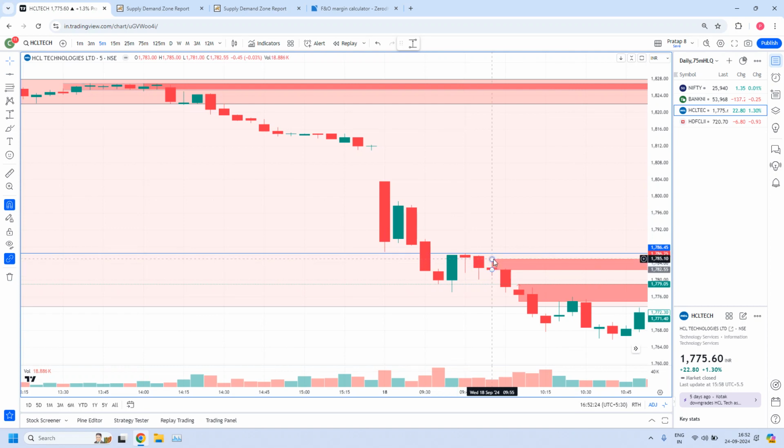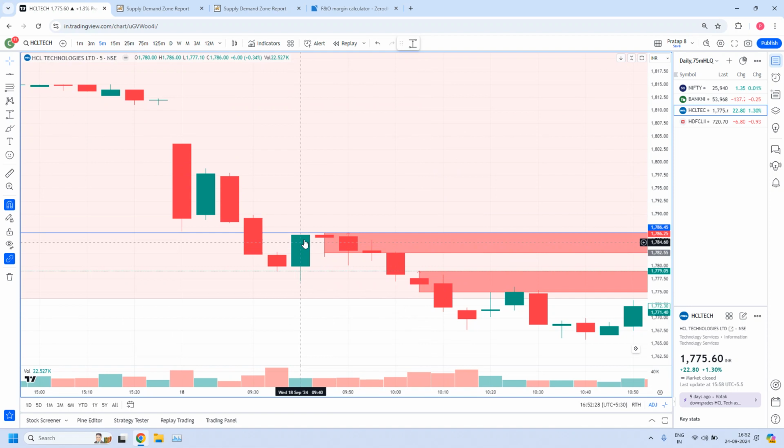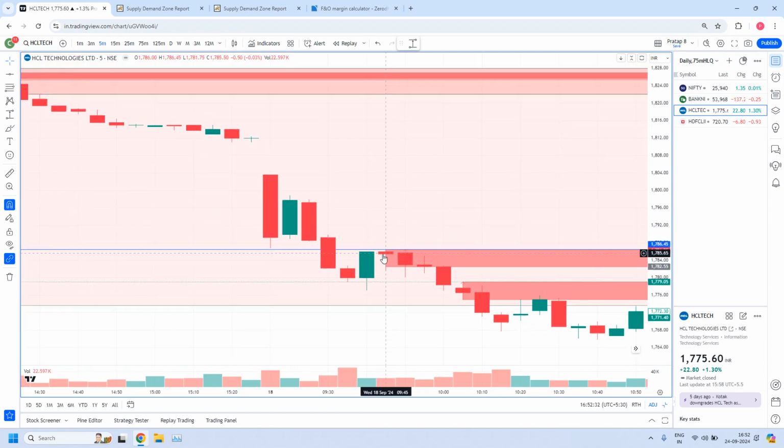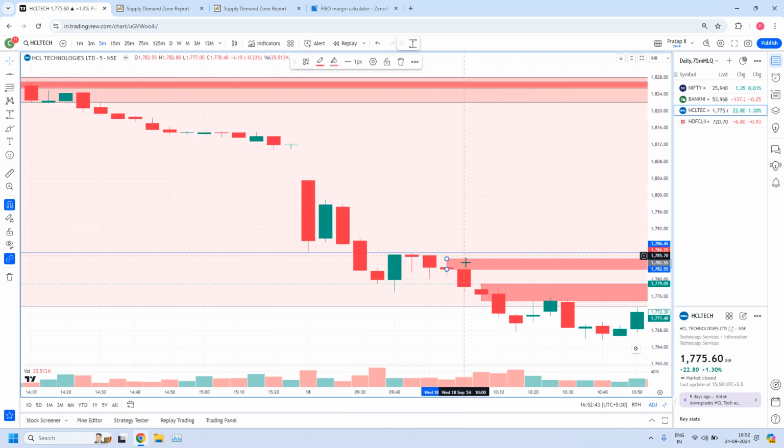That means this is almost the same as the zone the software has identified. Only difference, in the software's zone we didn't keep any stop buffer. But if you draw like this, this could be the stop buffer. That way your risk will be minimized, that is one advantage. And also you will get good RR.